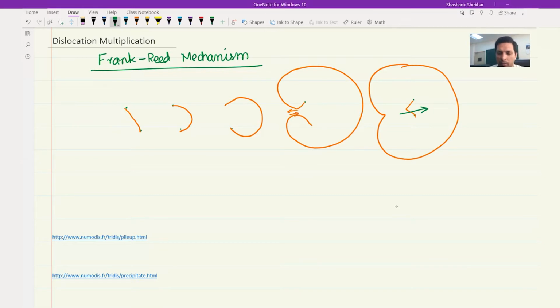There is a very nice animation which shows this particular mechanism and how it leads to pile up. It will clearly show you that when you are applying stresses, the strain is increasing, which in turn leads to an increase in the dislocation density.